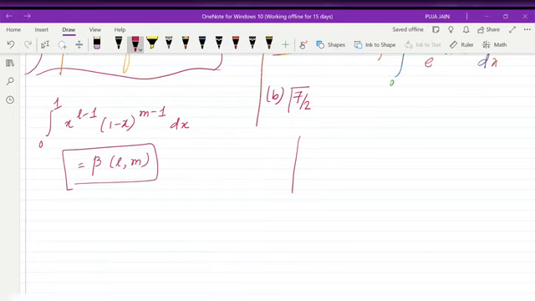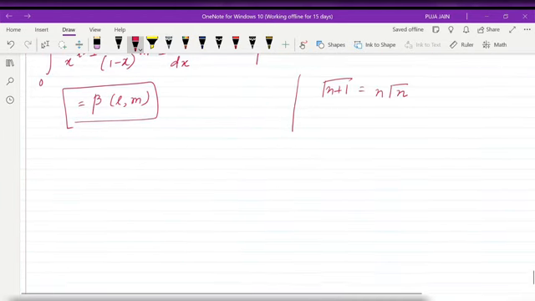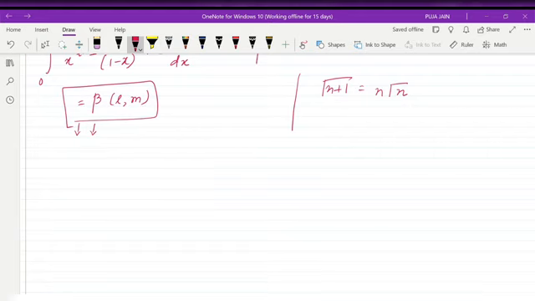Like in the gamma function we got to know the integral value and we got some values such as gamma n plus 1 is equal to n gamma n, right? Similarly, beta L comma m is what? Gamma L gamma m by gamma L plus m. This formula you have to learn. We will not go for the proof because the proof is very long and that's not so useful for you.